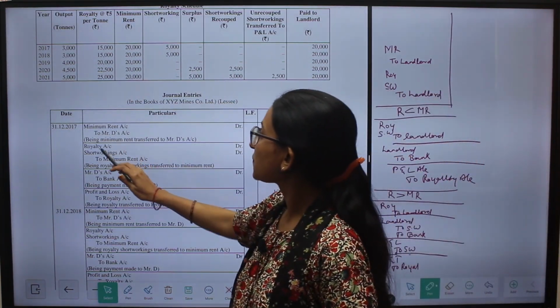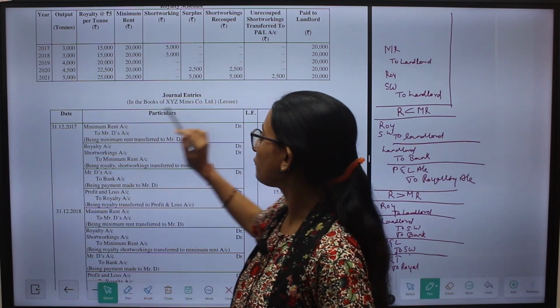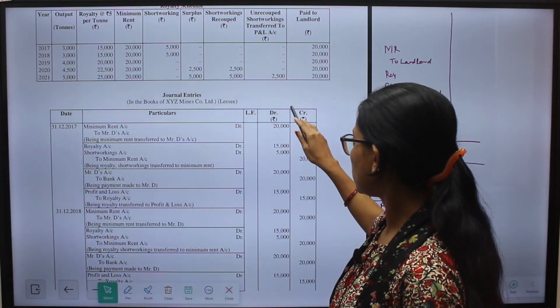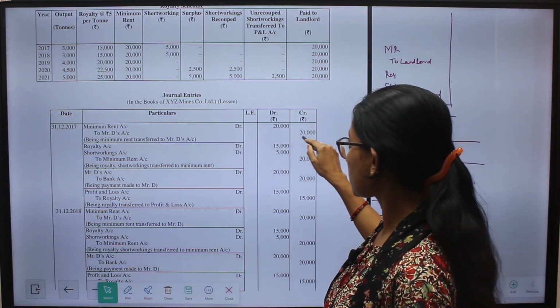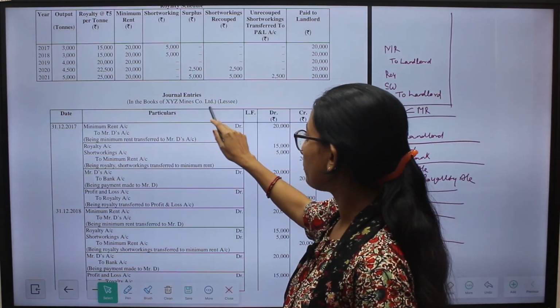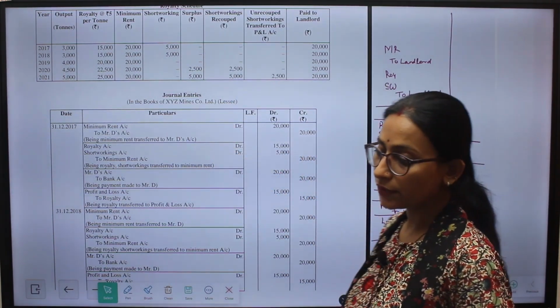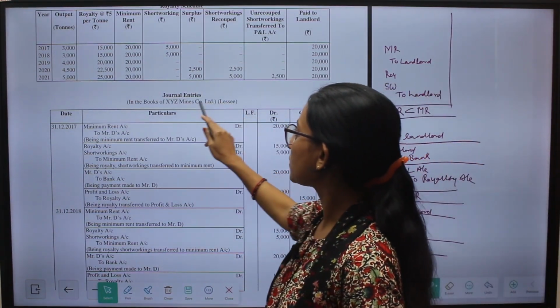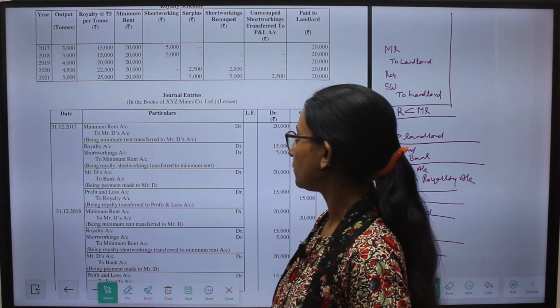In the first year, 2070, first we will write journal entry, date, particulars, LF column, debit rupees, credit rupees, in the books of XYZ Mine Company Limited, because we are passing the entry in the books of the lessee, so we will write over here the name of the lessee, that is XYZ Mine Company.